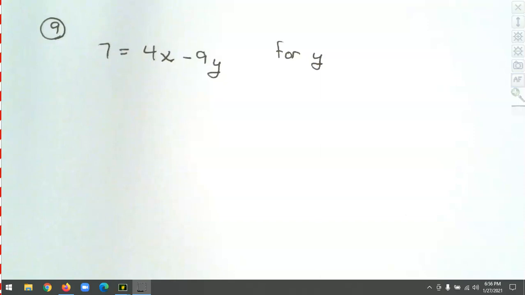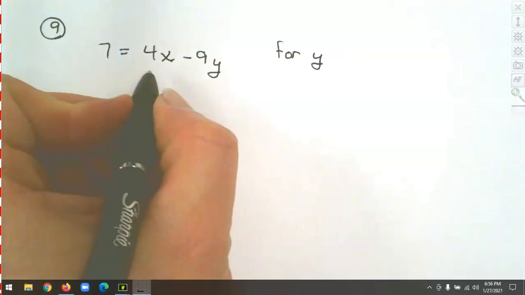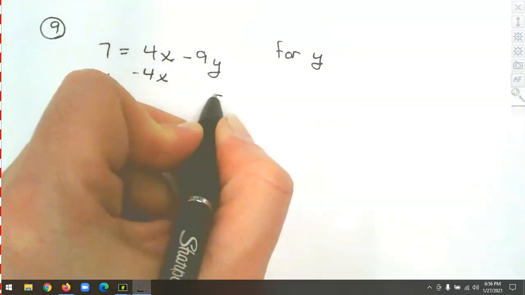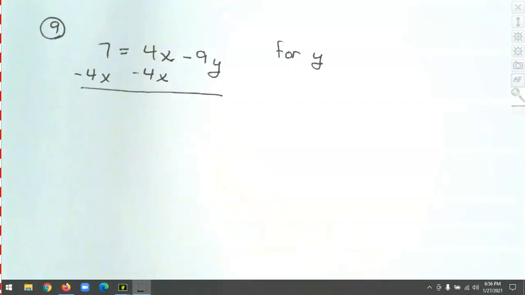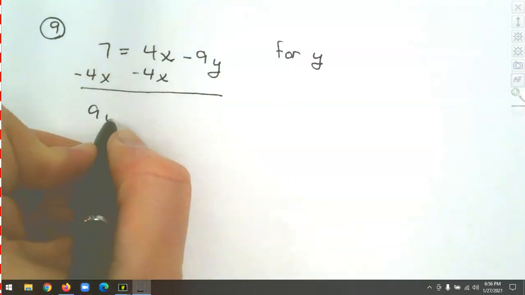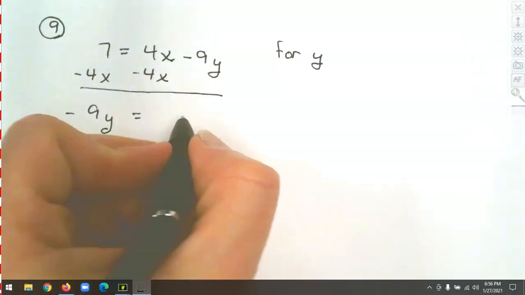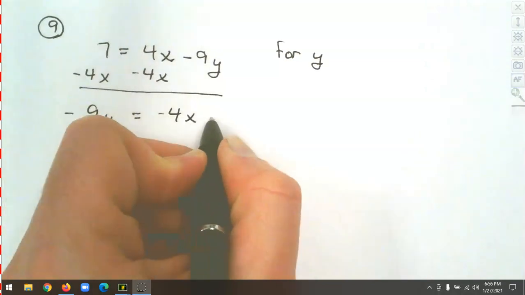So we need to make sure we can solve an equation for y. So we'll move that 4x over, and then I'm going to put the negative 9y on the left, just so it's easier to work with. And then on the right, I have a minus 4x plus 7.